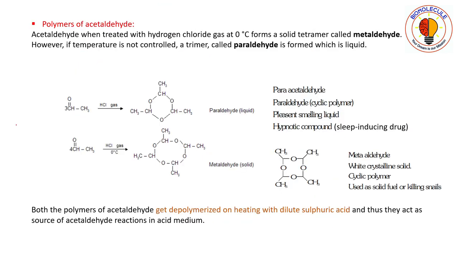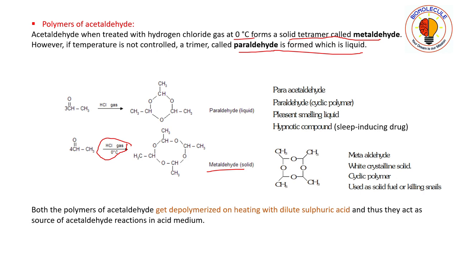Now moving to polymers of acetaldehyde. Acetaldehyde when treated with hydrogen chloride, that is HCl, at 0 degrees Celsius forms a solid tetramer called metaldehyde. However, if temperature is not controlled, a trimer called paraaldehyde is formed, which is liquid. So if you treat acetaldehyde at 0 degrees Celsius with HCl gas, then you will get a solid, which is metaldehyde.